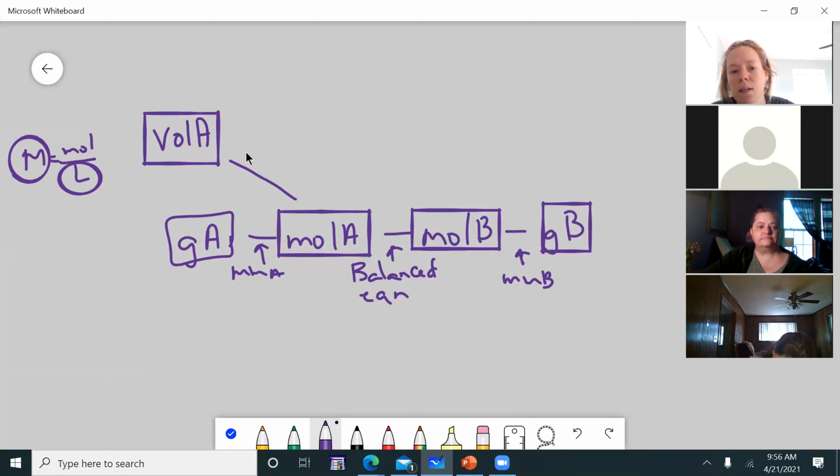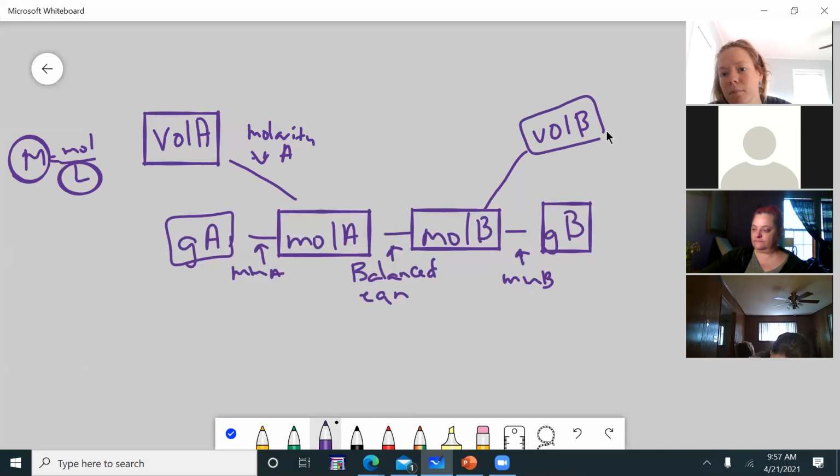So in order to convert, we use molarity of A. If we have the volume, we can use molarity of A to get us into moles of A. If we have moles of A, then we can get into moles of whatever compound B we're looking for. And then I could hop back into volume of compound B. Again, in order to do that, I would use molarity of B.